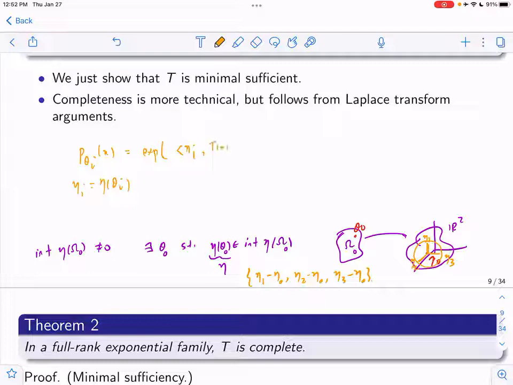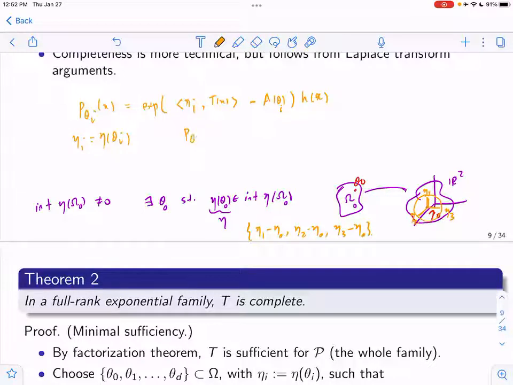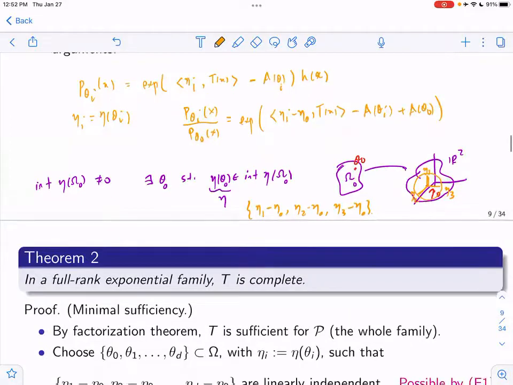And then T of x minus eta theta, and then h of x. So if I form the likelihood ratio relative to theta naught, this would give me the exponent of eta i minus eta naught, T of x, and then minus eta theta i plus eta theta naught, and h of x goes away. So that's the likelihood ratio.